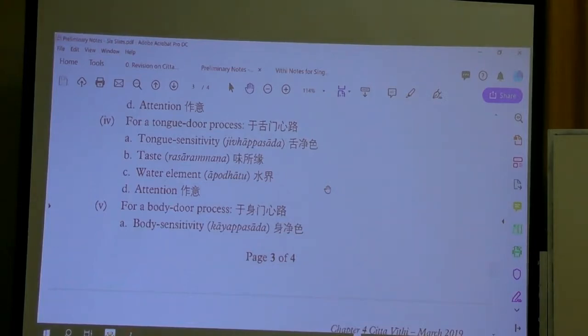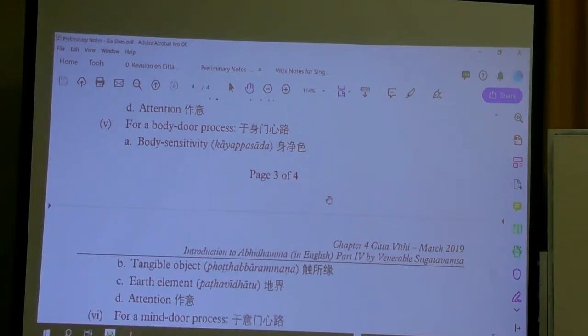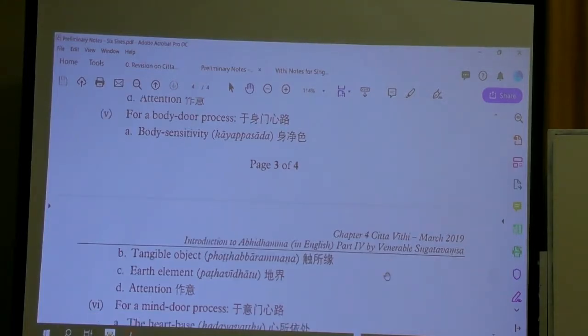For the body consciousness. Yes. Kaya pasada, photthabbarammana, tangible object. What does tangible mean? How many elements are there? 3.